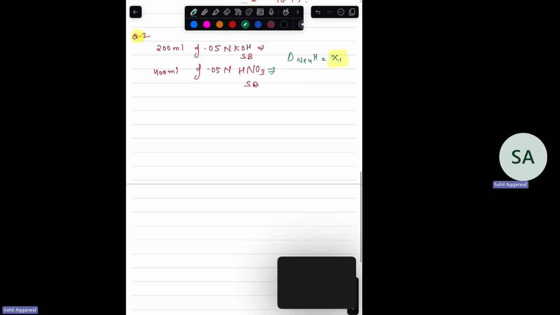So how much reaction has occurred? अगर हम KOH की बात करते हैं, then how much KOH we had?